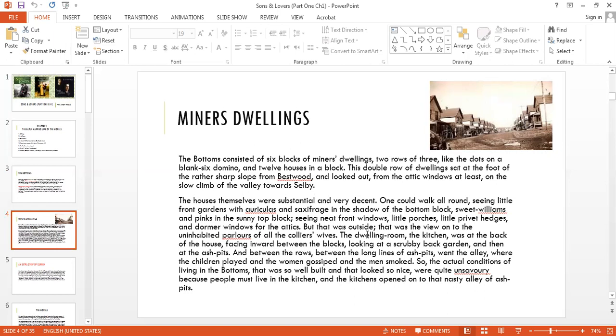Okay, each miner has his own dwelling house. They lived next to each other. And Mrs. Morel was very happy that she was changing places and moving to this new dwelling place. Geography here is very important.